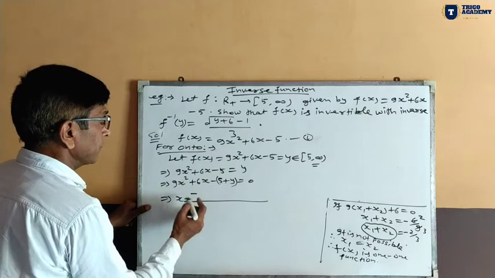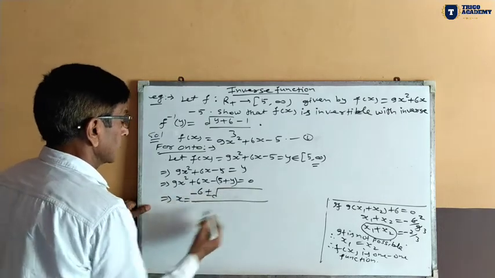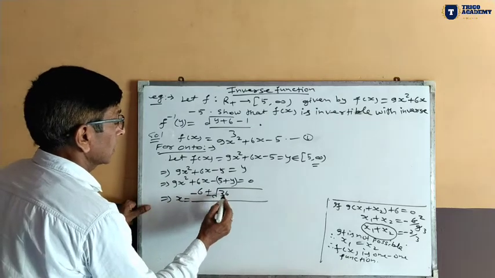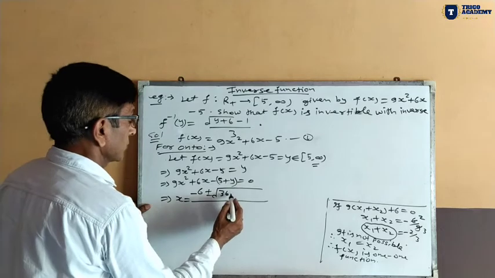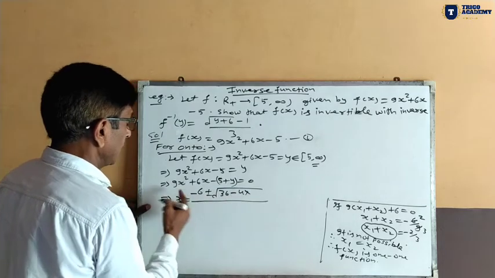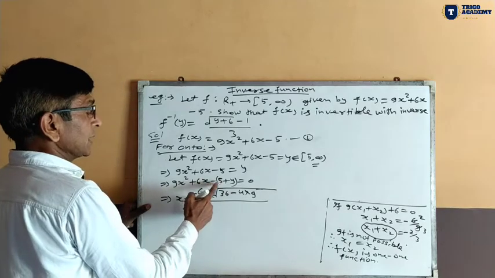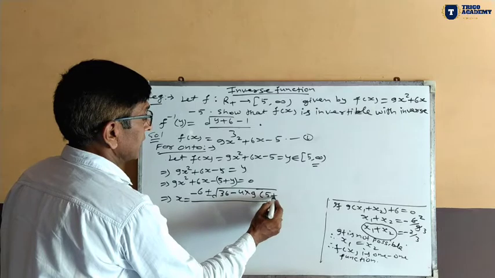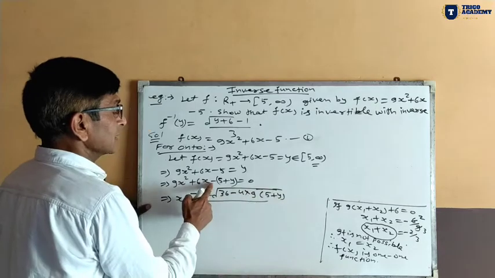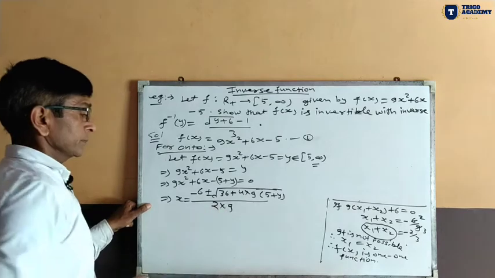Minus b, that is minus 6, plus minus root b square, that is 6 square 36, minus 4ac, in place of c minus 5 plus y, due to this minus sign it becomes positive, upon 2a.